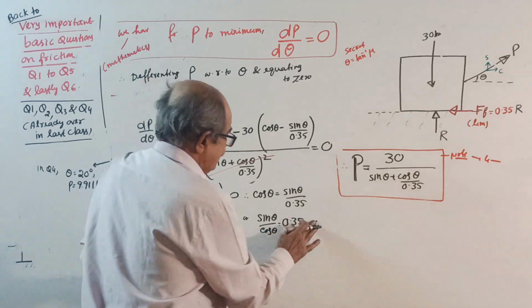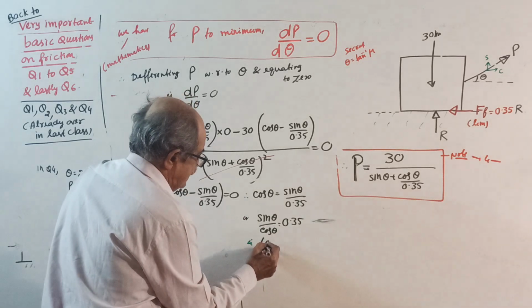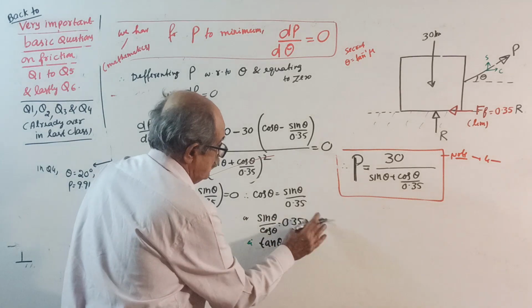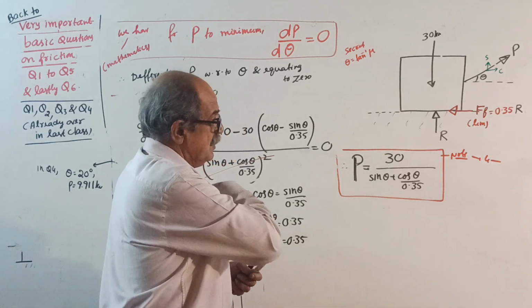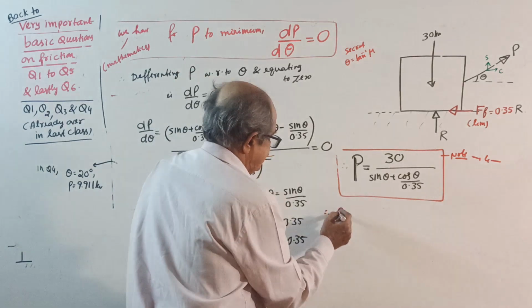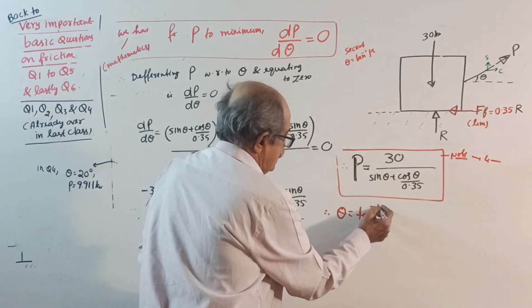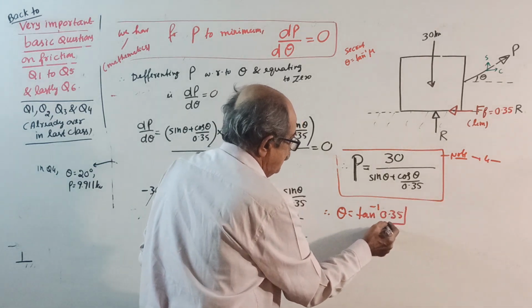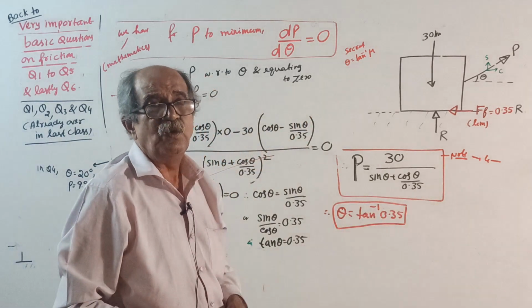This is nothing but tan theta, sin by cos is tan. Tan theta equal to 0.35. Therefore, you can write theta equal to tan inverse of 0.35. For this value of theta, the force required is the least force.